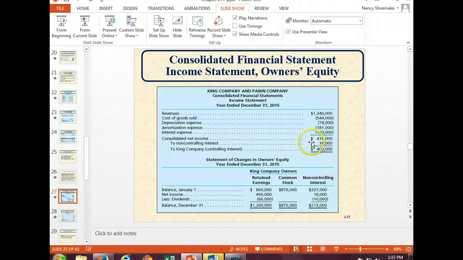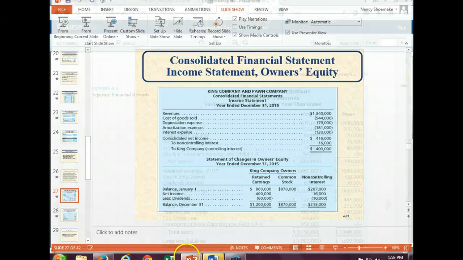Now here's where we show the portion of this that's going to the 20% owner. So we're going to show here the 20% consolidated net income to the non-controlling interest of $16,000, and the $400,000 is ultimately going to go to the 80% we own plus 100% of our business.